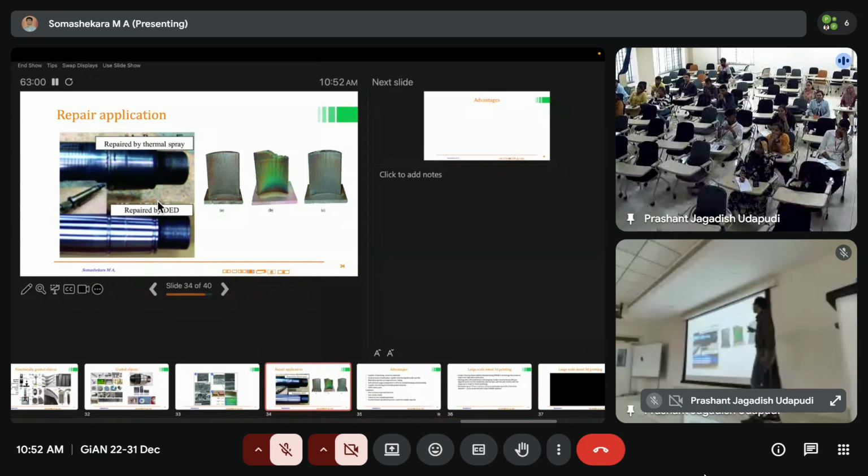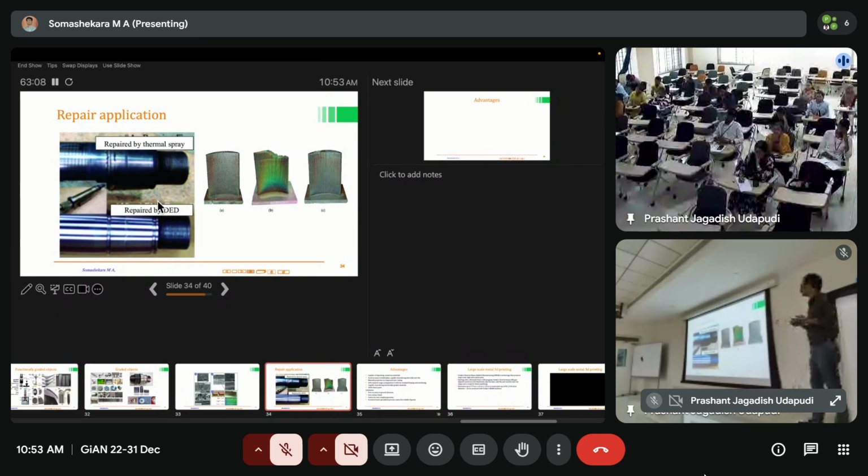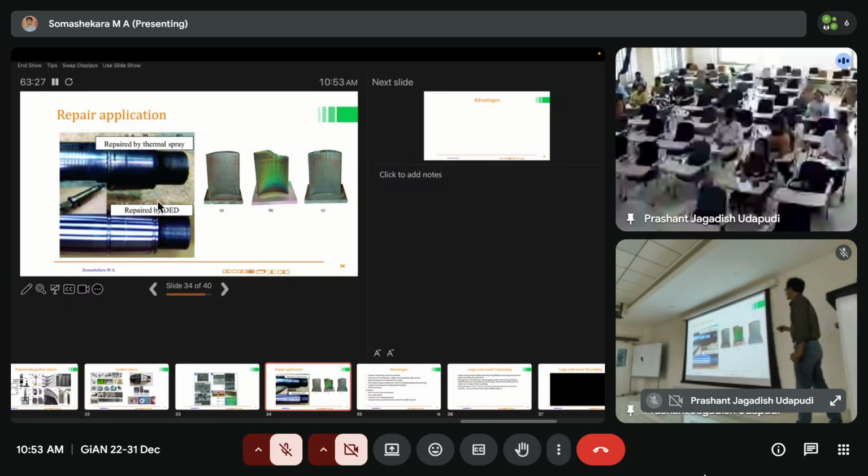Think about a big component where only a small portion of the part needs repair. Why remove the entire part? Can you just repair this portion? All you need to do is reference it and then add the material wherever you need it. There are a lot of places where things can be easily repaired instead of removing the entire component, so you can fix it, right?